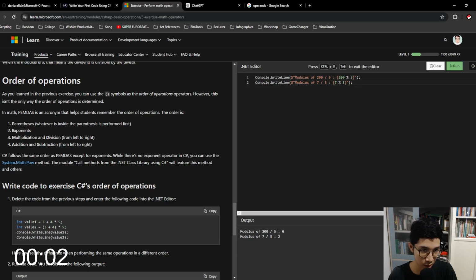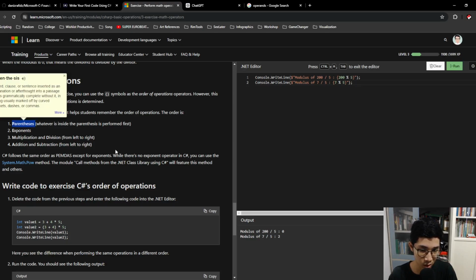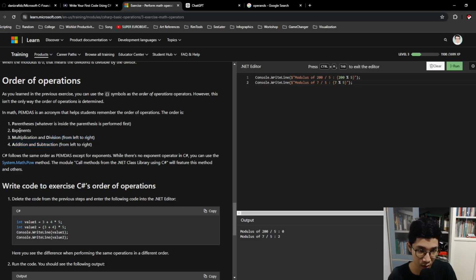If there are parentheses in any location, you should prioritize the parentheses even if there is an exponent on the left side. So parenthesis is the first priority. I see. Multiplication and division have the same priority, and addition and subtraction also have the same priority.